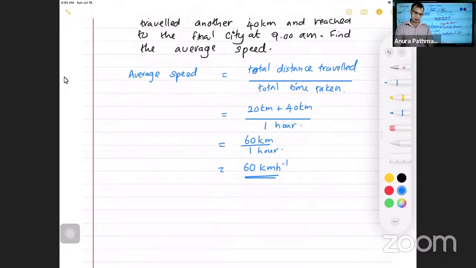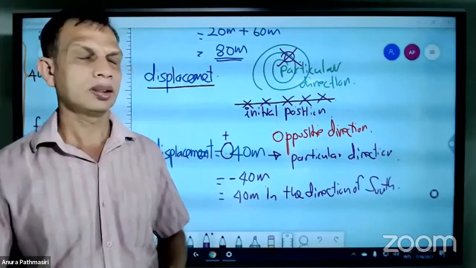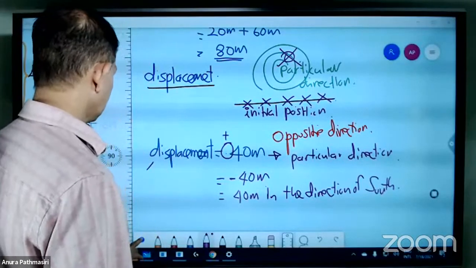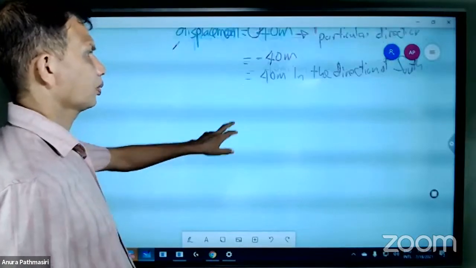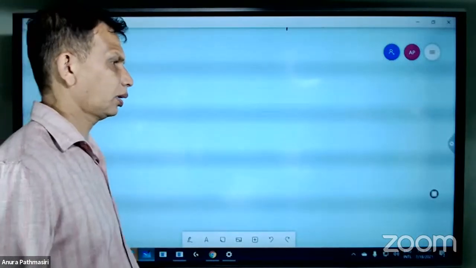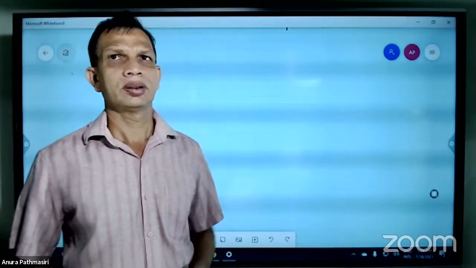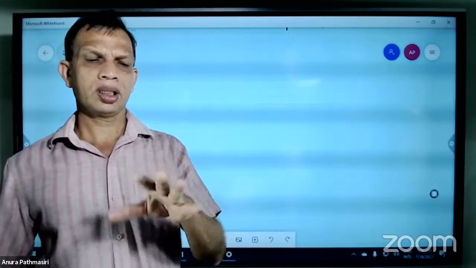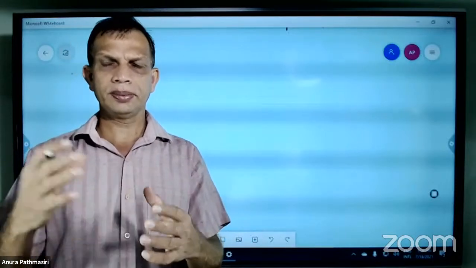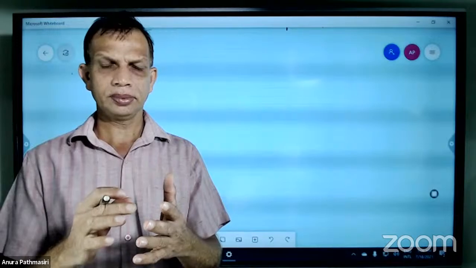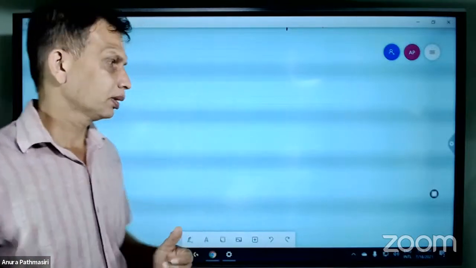Now, I'm going to show you the relationship between the velocity and time, displacement and time.